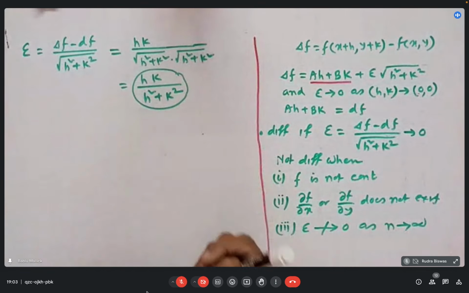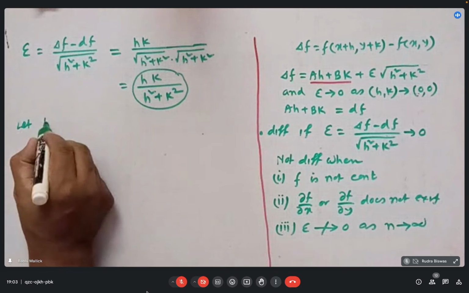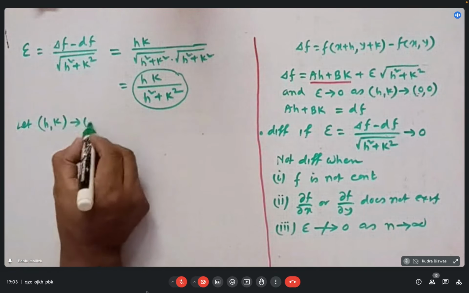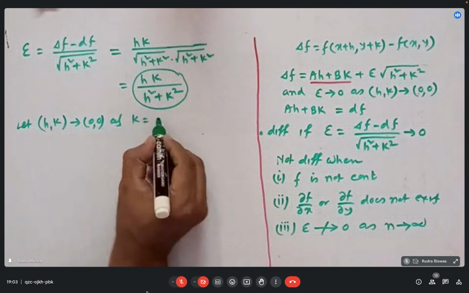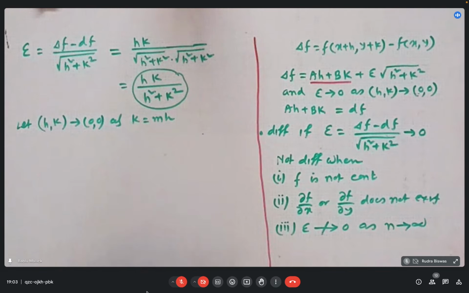Homogeneous function will be not continuous every time. Let (h, k) tend to (0, 0) along k is equal to m into h.